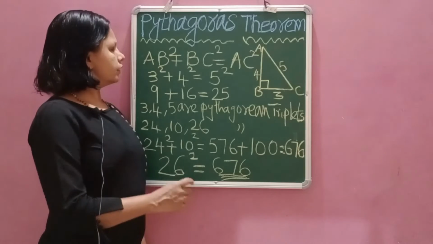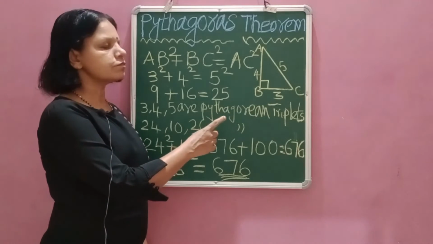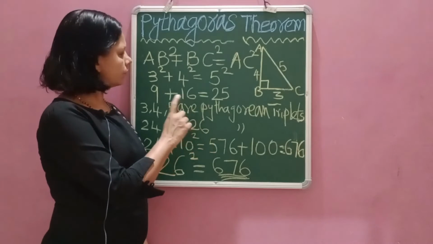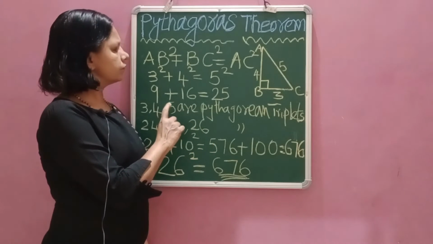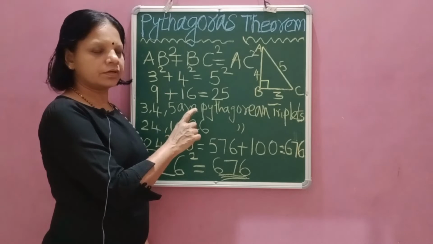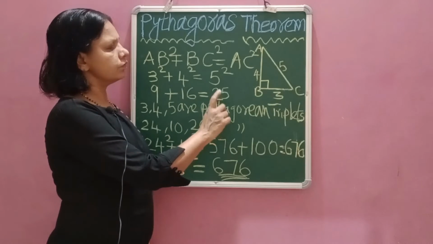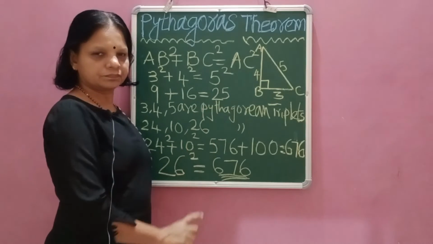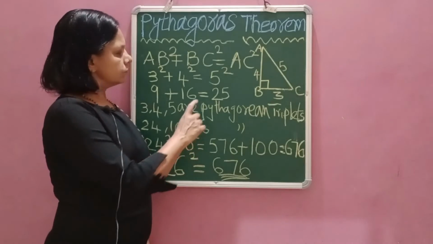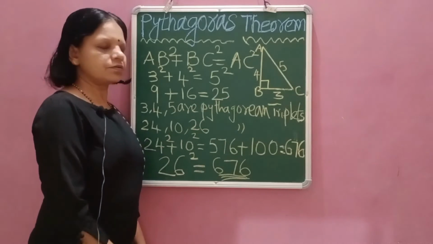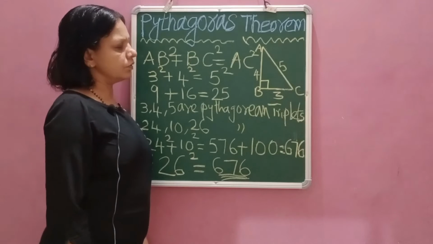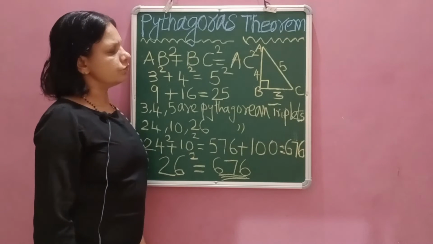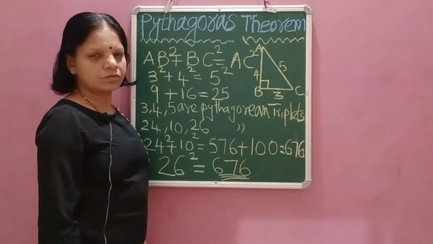Clear that? That is, I have written with respect to the figure. AB square plus BC square is equal to AC square. The values I have substituted here. BC equal to 3, AB equal to 4 and AC is equal to 5.